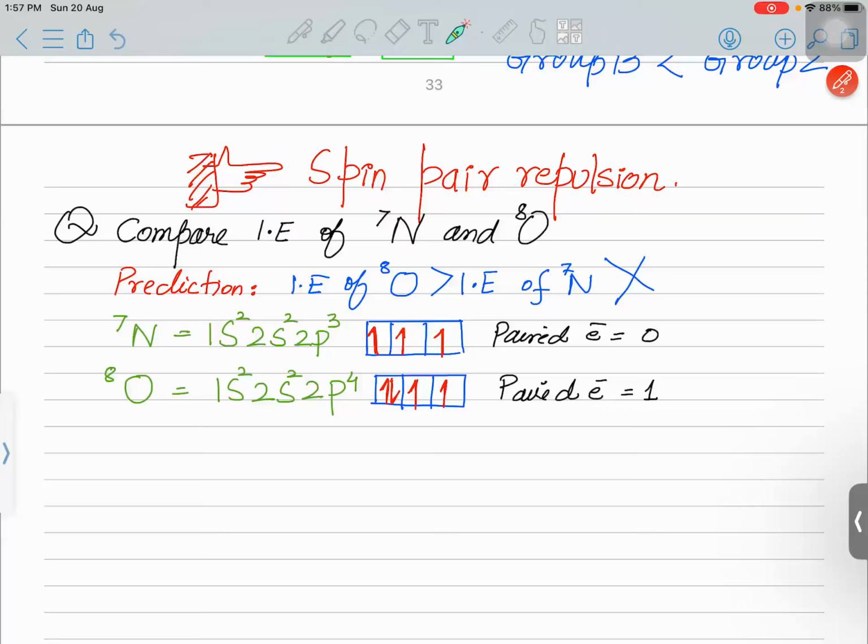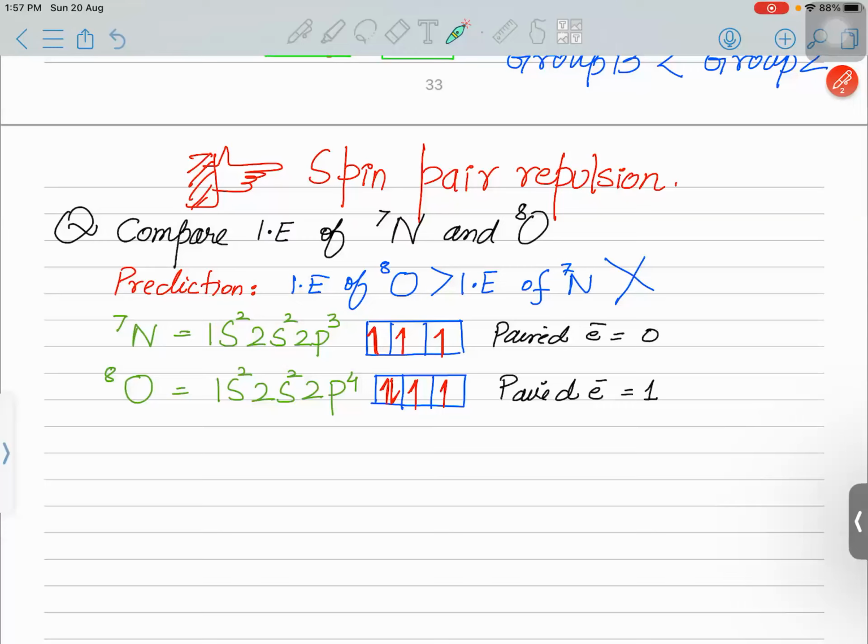Now look, you know that an electron has negative charge, right? Can you tell me whether the same negative charges attract each other or repel each other? Repel. So if they already repel each other, it is quite easy to remove one of them. What is your opinion right now, Isa?